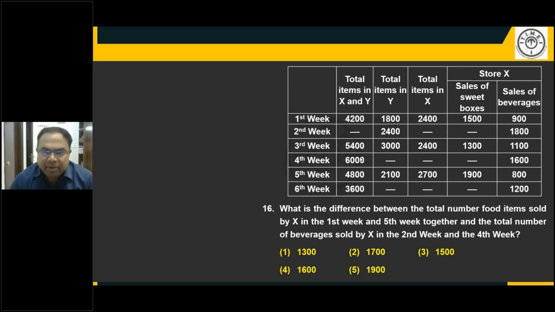Option 2, correct answer. Praful and Apollo, you check your answer. It should be second option.